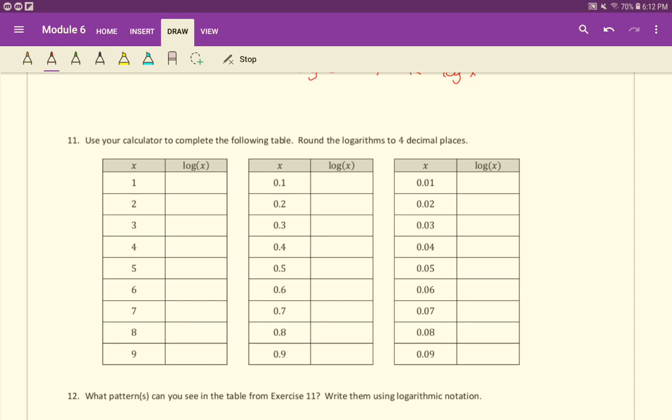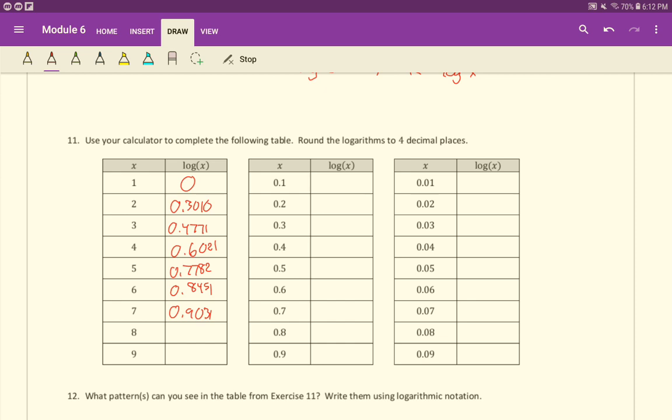So 1 again was 0, this was 0.301, this would be 0.4771, 0.6021, 0.7782, 0.8451, 0.9031. Whoops, I missed one.